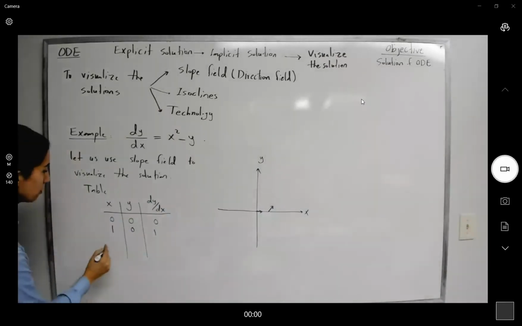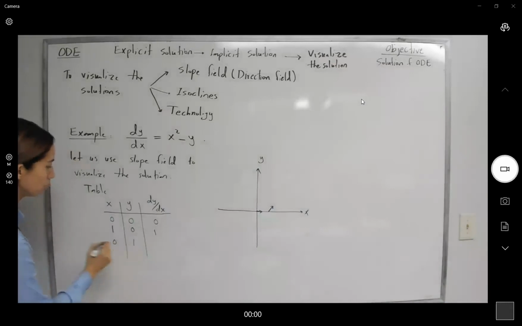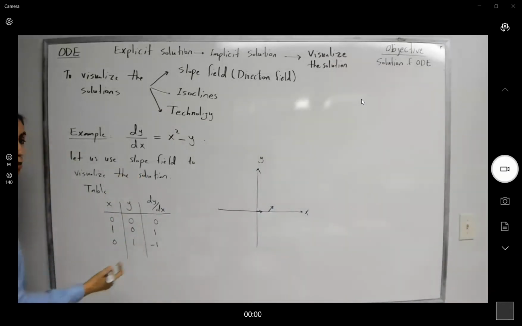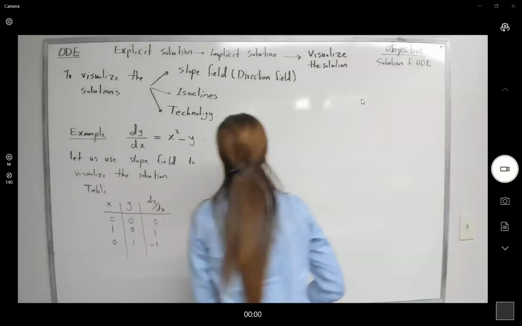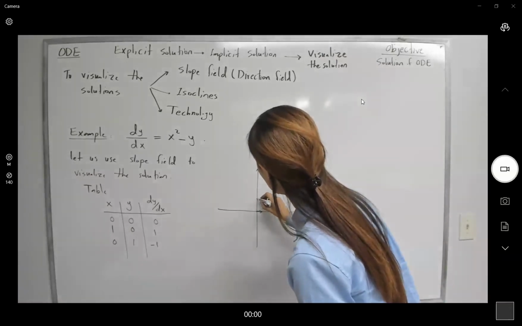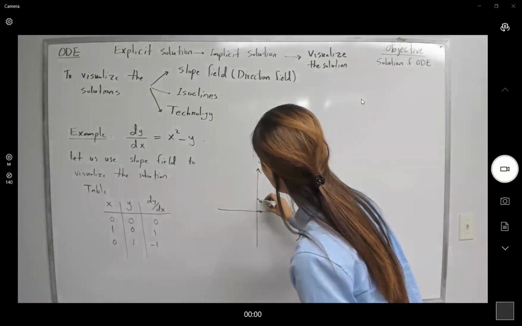Well, what if I plug in, for example, 0 and 1? I get 0 minus 1, which is negative 1. The slope is negative 1. So at 0 and 1, the slope is negative 1.